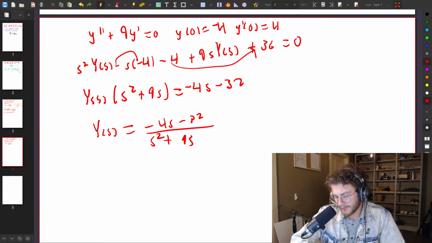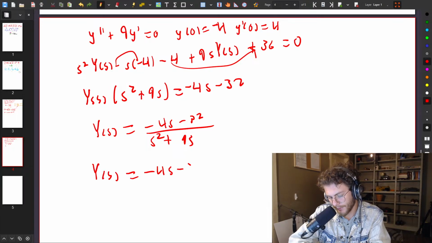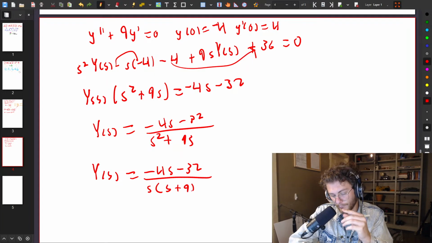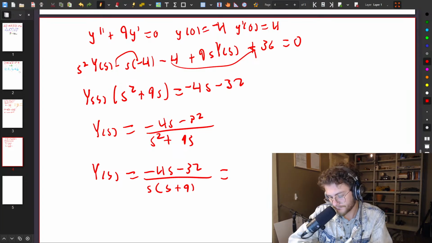Now this is going to need a partial fraction decomposition, but what we can do simply here is factor this out as y of s equals negative 4s minus 32 over s times s plus 9. What's wonderful about s times s plus 9 is it's going to have a different factor to it. What that means is it's going to be A over s plus B over s plus 9.